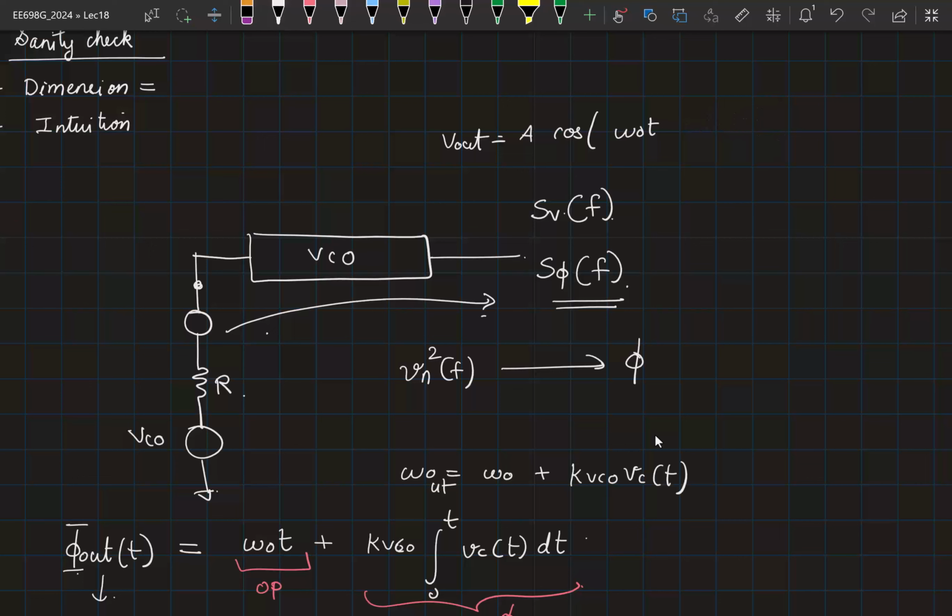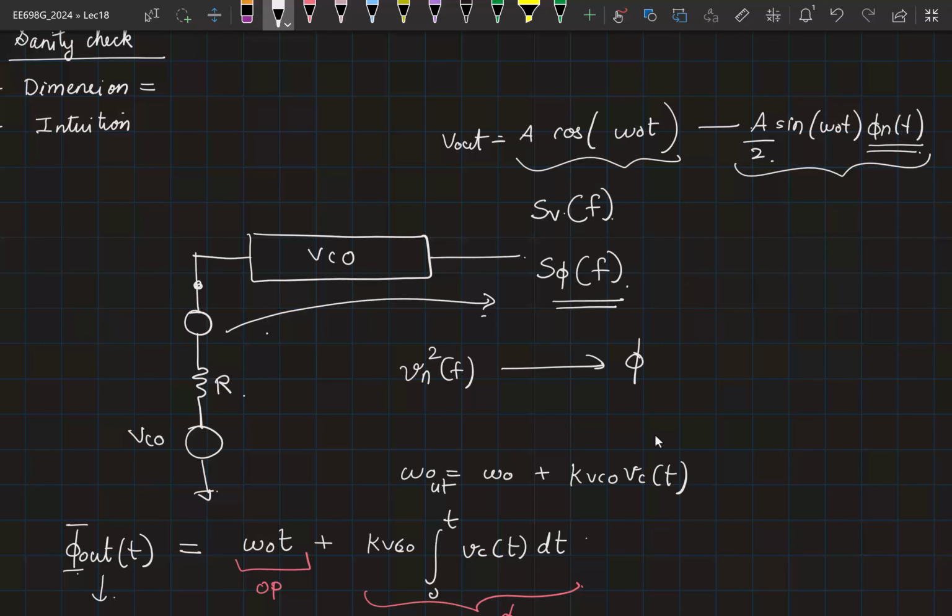So you got A cos omega naught t minus A into, I think, sine of omega naught t into phi n of t. There might be some factor missing here. So this of course is giving you impulses at f naught. What did this give you? The PSD of phase noise was translated around f naught.